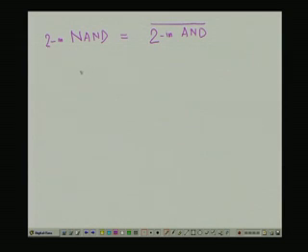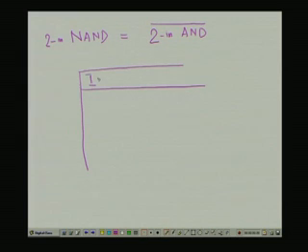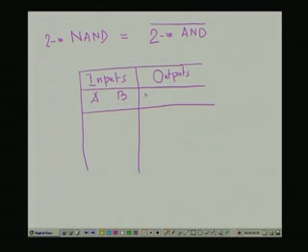If I write together, say this is my inputs, the A and B, and these are my outputs, I am giving O output for AND, and this is the output O for NAND.